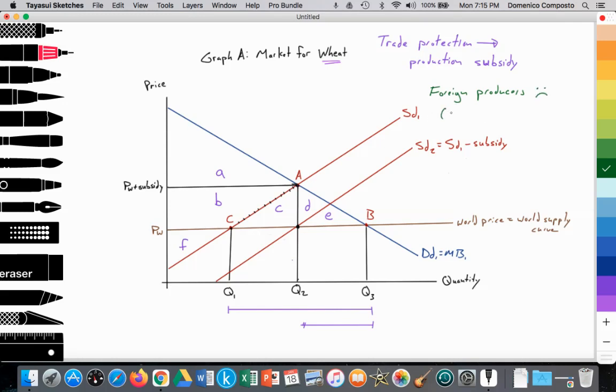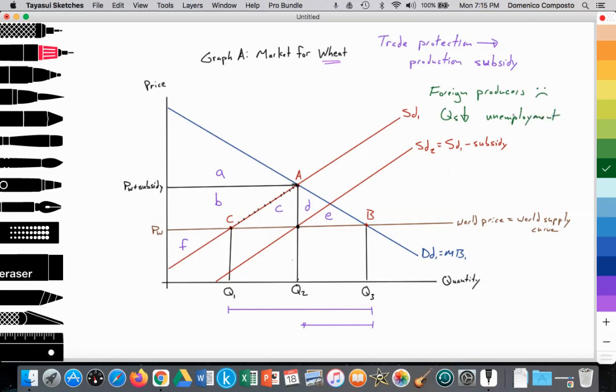Their quantity supplied will be reduced as a result of this domestic nation importing less. Remember that this nation was originally importing from Q3 to Q1, but with the production subsidy, they're importing less from Q3 to Q2. So foreign producers will have a reduction in their quantity supplied, and that will also lead to more unemployment in their wheat industry in their particular nation.